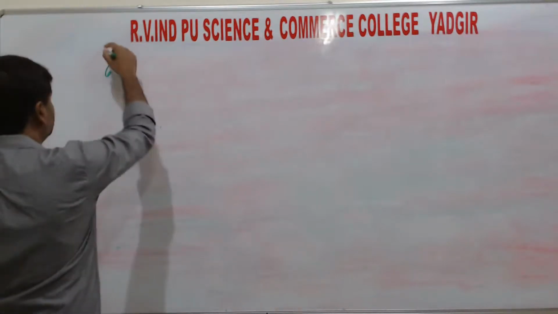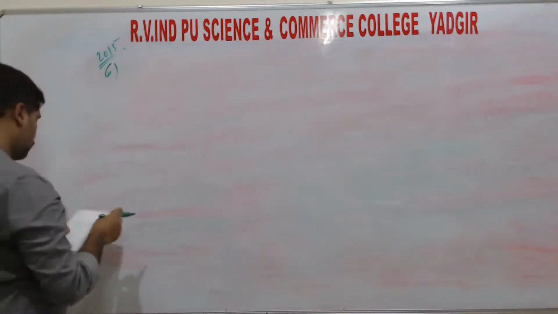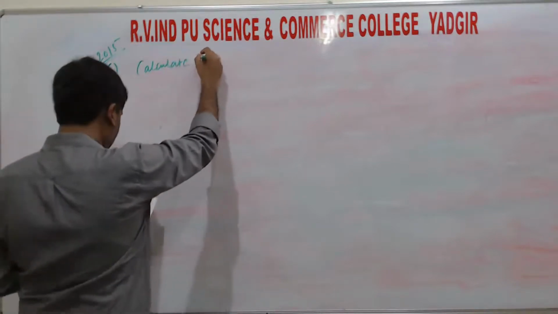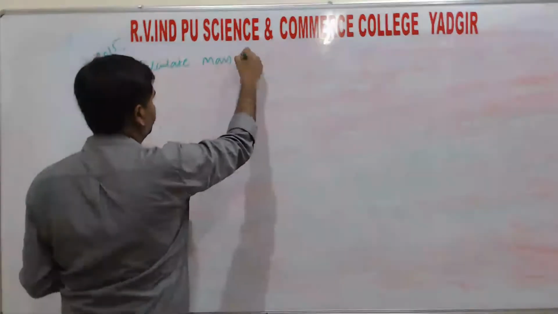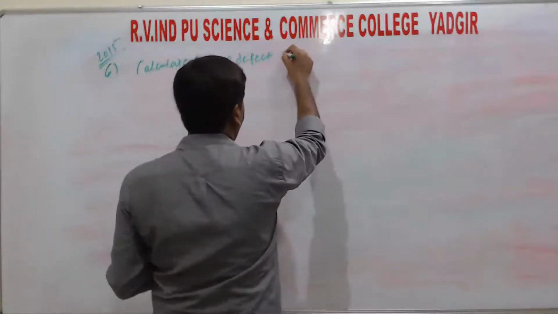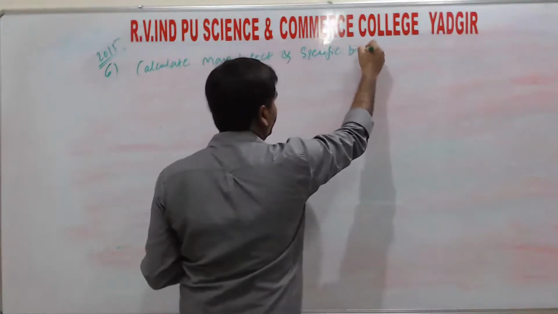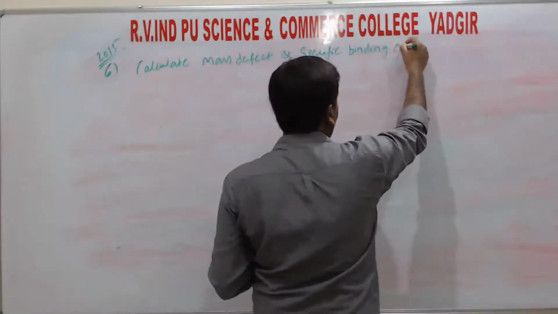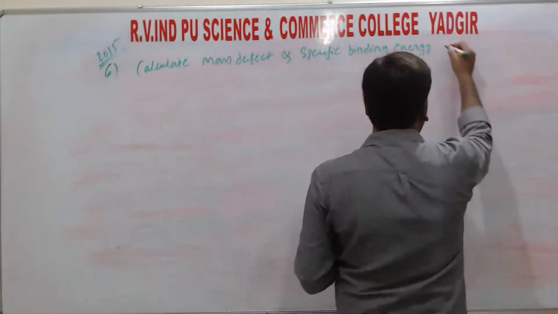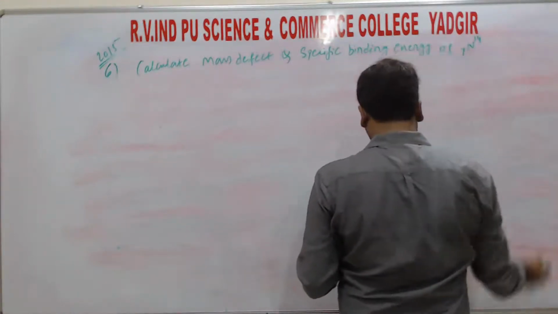So this was asked in 2015 or 14, right? Calculate the mass defect and specific binding energy of 7N14.